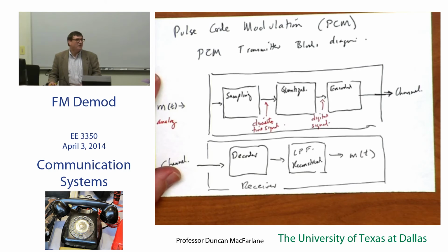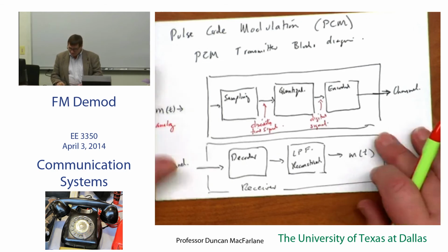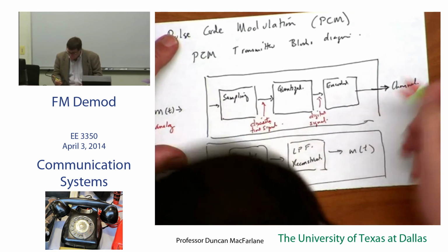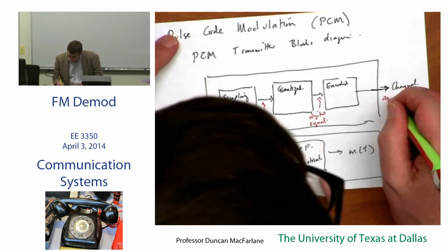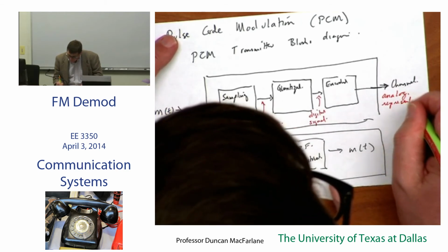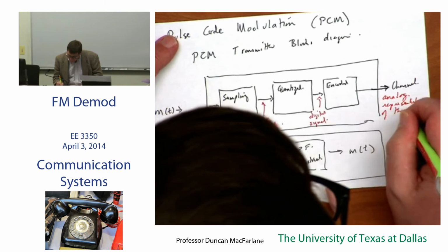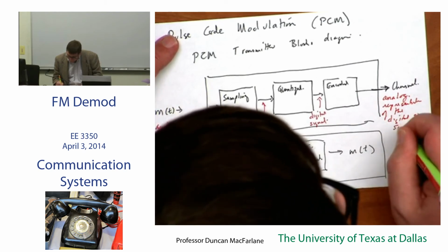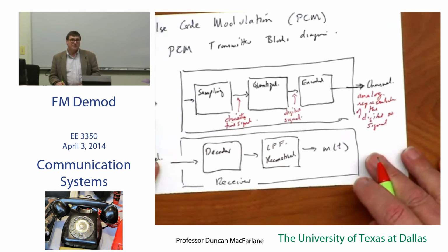And so it doesn't know what a 11101 is. It knows what 5 volts, 5 volts, 5 volts, 0 volts, 5 volts is. So what's sent down the channel, and this is probably a good description of the job of the encoder, is an analog representation of the digital signal. Okay?